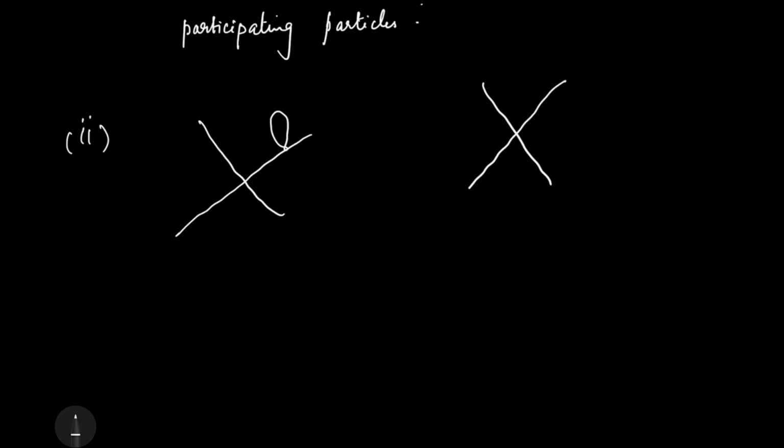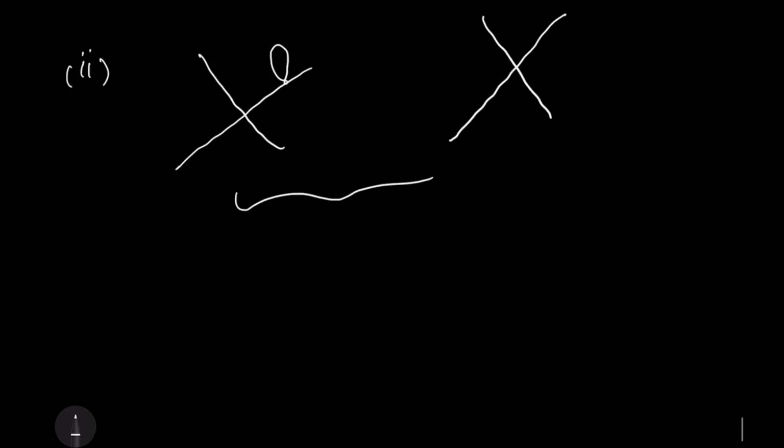And another point that I want to highlight is that you have a diagram which is like this. Okay, and this diagram is not different from the vertex which is like this. So there is no difference between these two diagrams. Both of them are vertex. Okay, and why there is no difference? You can say that there is an interaction here, but after truncating the external propagators, these two diagrams have no difference.